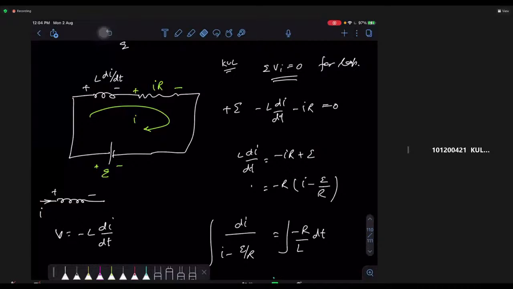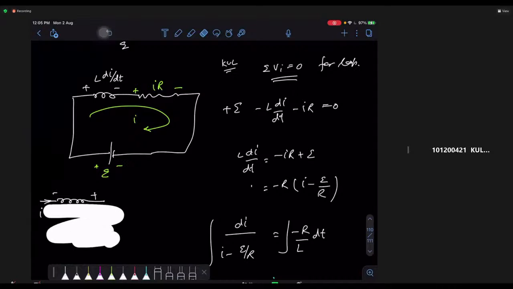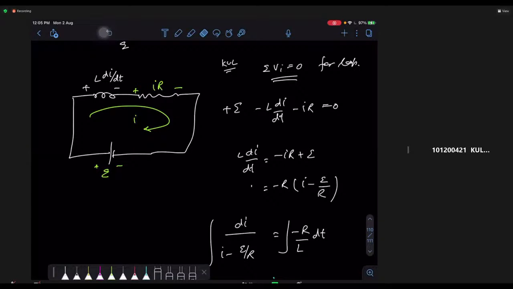If the current is decreasing, then the potential is going to increase in the direction of current. Polarity is opposite to the current. It is just to give the directions.